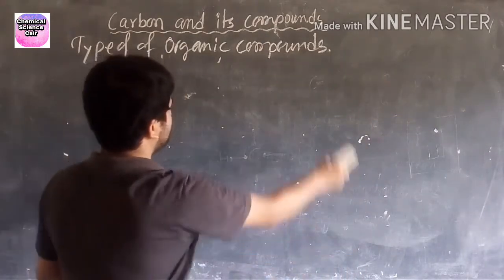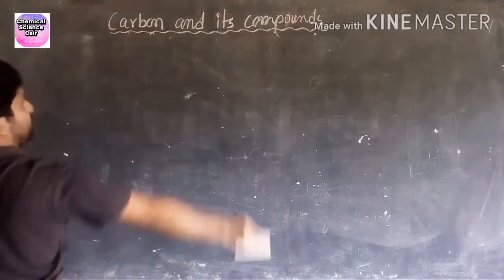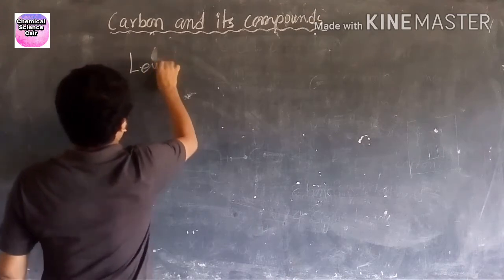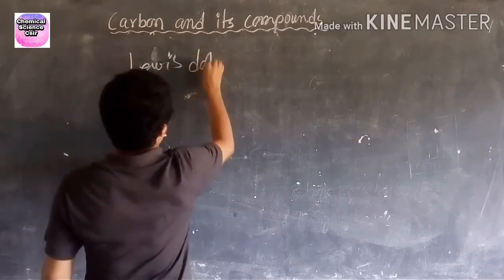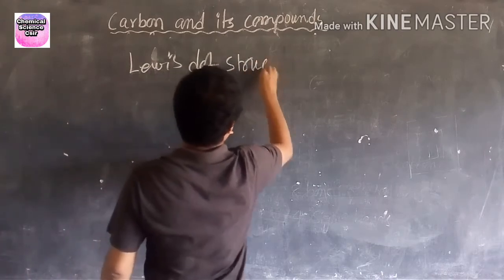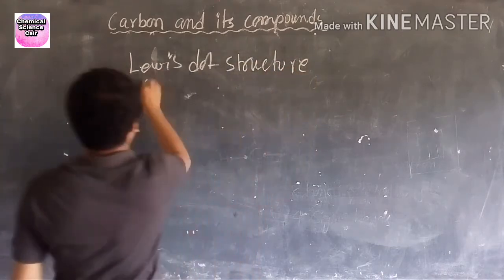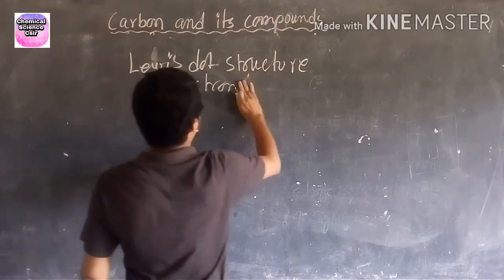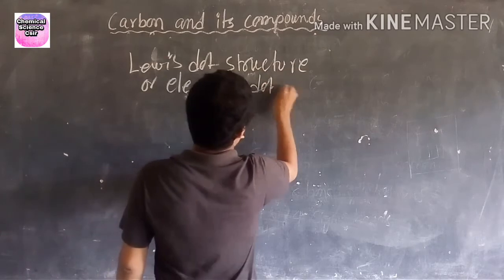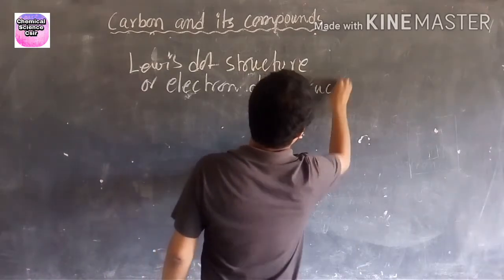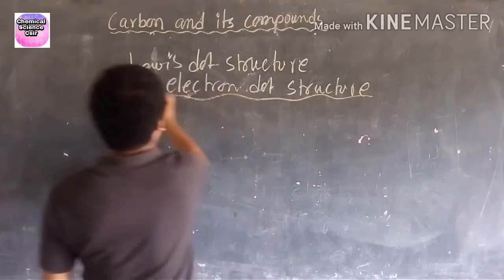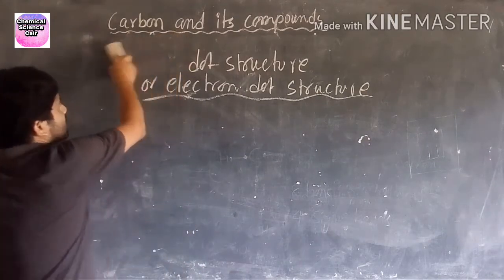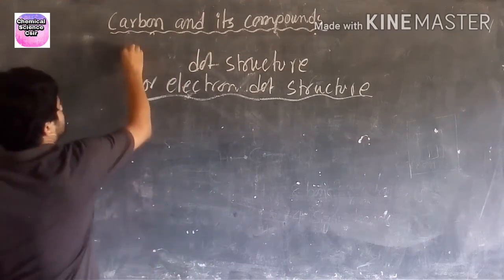This is important. The Lewis dot structure, or electron dot structure, how to write it?